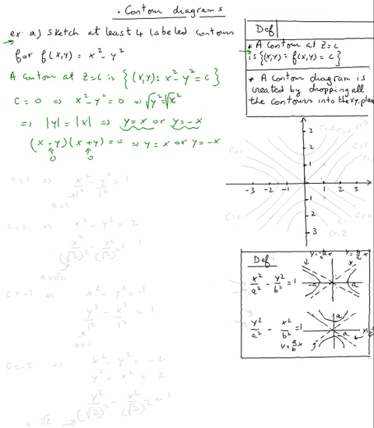So let's graph. At c equals 0 we get two lines. y equal x: when x is equal 0, y equal 0; when x equal 1, y equal 1. So this is y equal x, so c equals 0, and then we get another line when x equal 1, y equal negative 1.